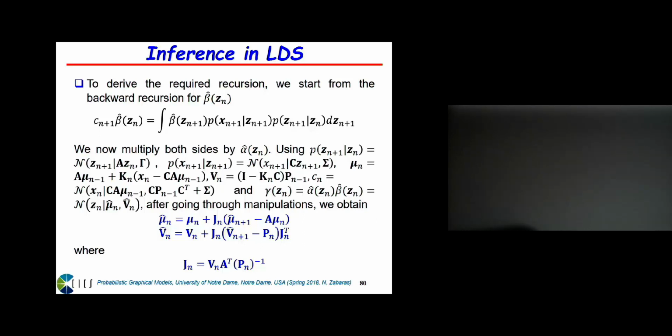I am not going to give you the algebra, but basically what you need to do is, since everything is a Gaussian, we're going to assume that this beta message is Gaussian. All right, so we have this, we know that, we know the updates from the alpha messages, we know the CN.